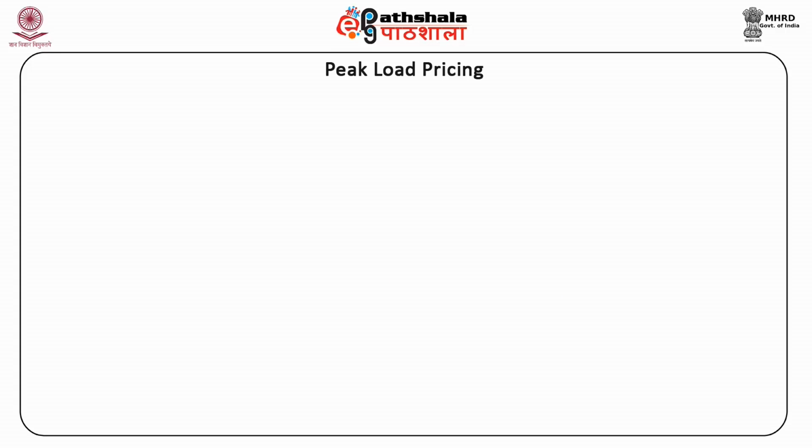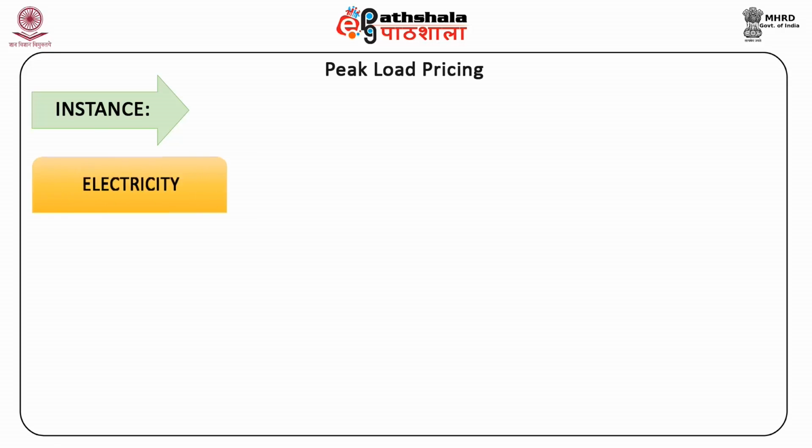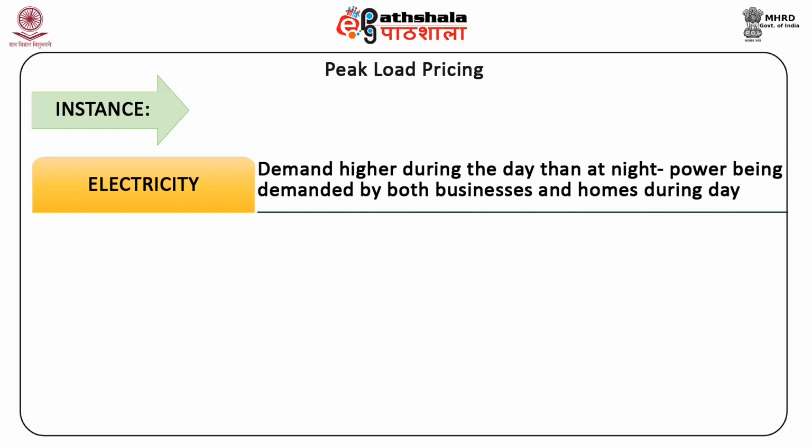There are certain products and services for which demand varies by time of the day, the week, the season, or the year, and supply costs also vary with the extent of demand. For instance, the demand for electricity is higher during the day than at night, power being demanded by both businesses and homes during day.